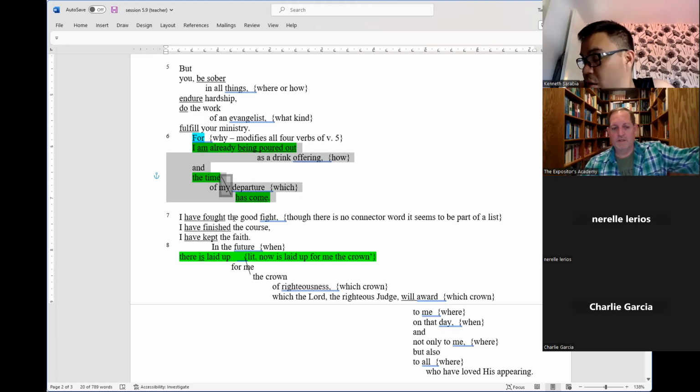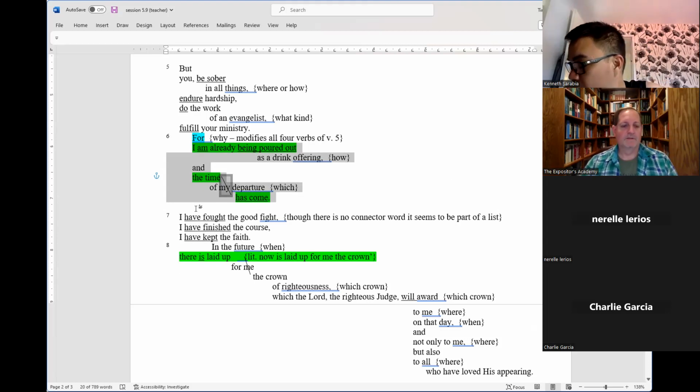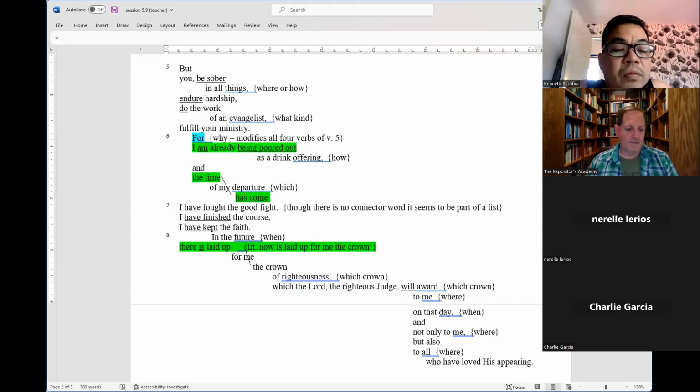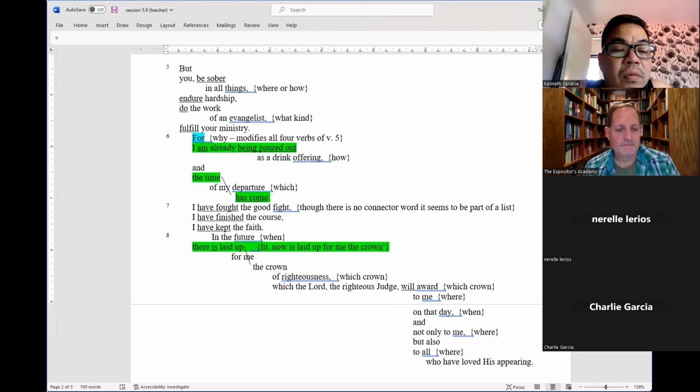He's just continuing in that thought, as opposed to having a new thought where he's just going to focus on what he's accomplished. So that's why I believe it makes more sense that this is all part of the same thought. This all goes together.